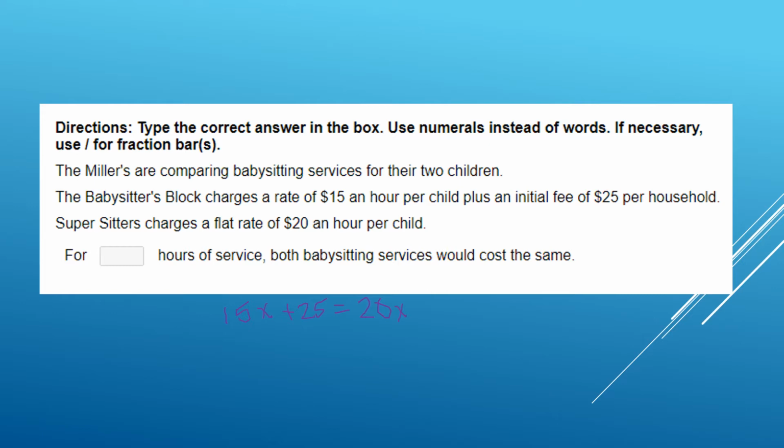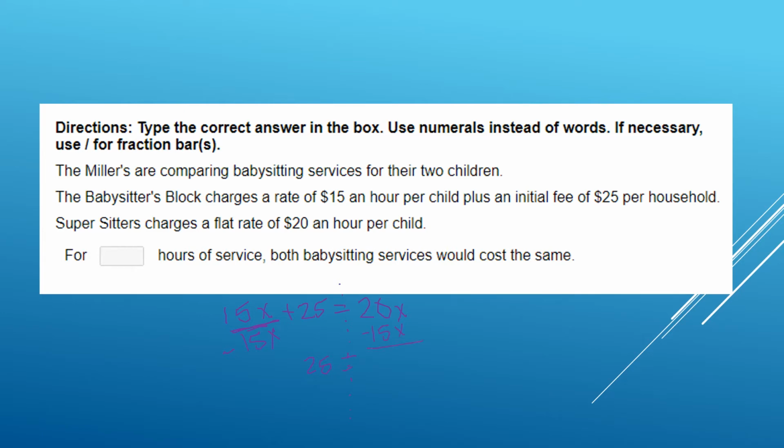So we've got to solve this and simplify. I want to get rid of this 15x on the left side because I want to get all my x's on the right. So I'm going to draw my line down the middle so that I know that when I subtract 15x from over here, 15x minus 15x gives me a zero pair. That forms 0, and I'm just left with 25. But what I do to one side, I have to do to the other.